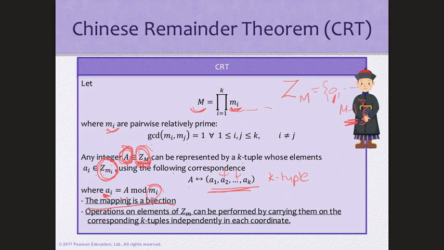If you see it here, it corresponds to 1 over there. And if you see it here, it belongs to 1 only over there, right? And the operations on elements of Zm can be performed by carrying them out on the corresponding k-tuples independently in each coordinate. So if you do addition, you add the elements in the same place.